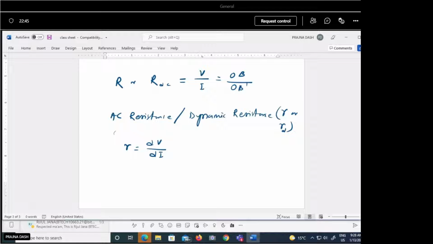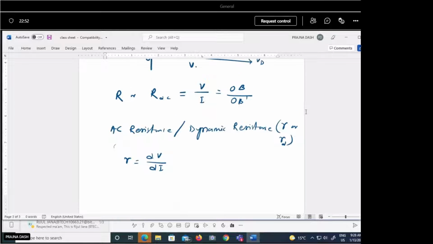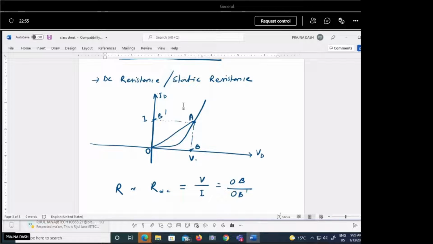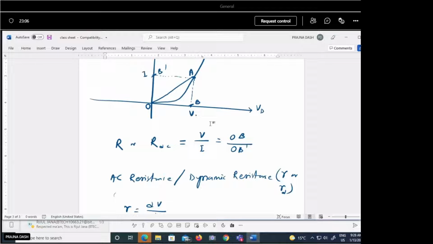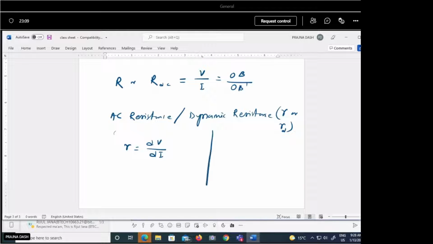How do we find this graphically, from the VI characteristics? Suppose the operating point of the diode is at a certain point on this kind of graph. Here the operating point is the average point or average voltage you have to take.